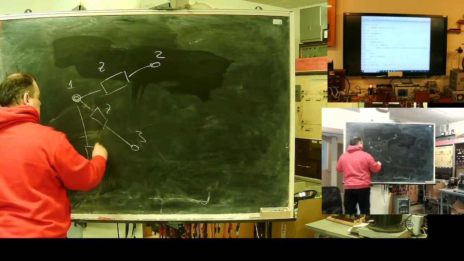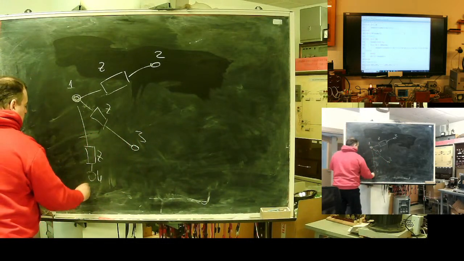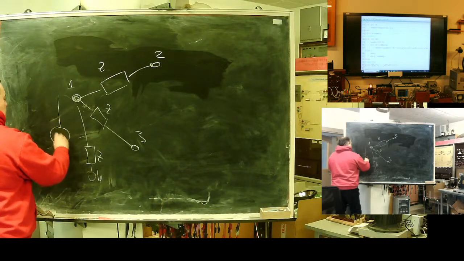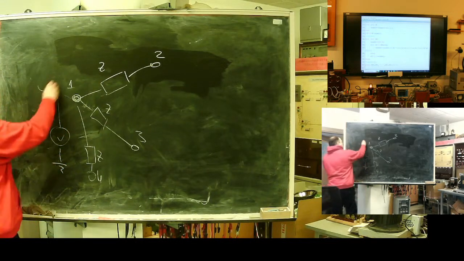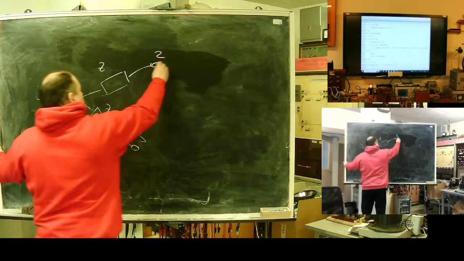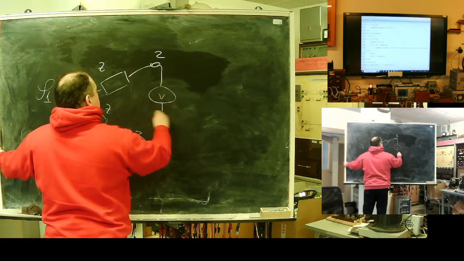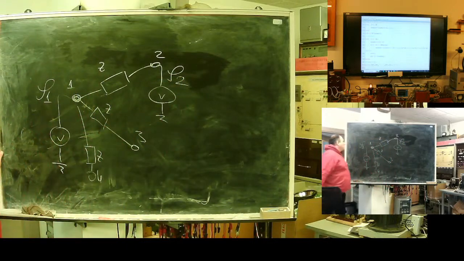Resistance. This node, if measured against ground or base, will have potential P1. If I measure against ground, this will be potential P2. What will be the current?